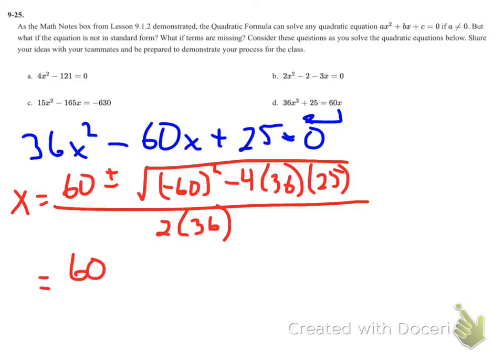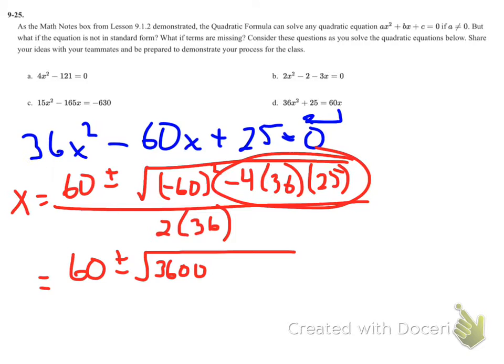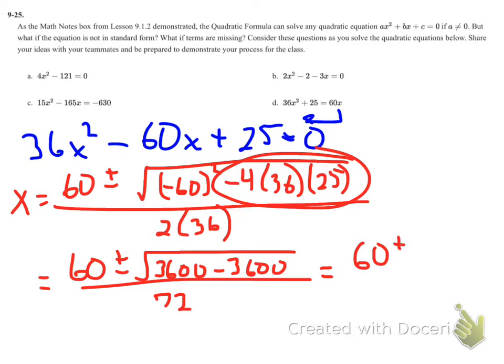That gives me 60 plus or minus the square root of negative 60 squared is going to be a positive 3,600. Negative 4 times 36 times 25 is going to be a negative 3,600, all over 72. Now for this problem, I have 60 plus or minus the square root of 0 over 72.